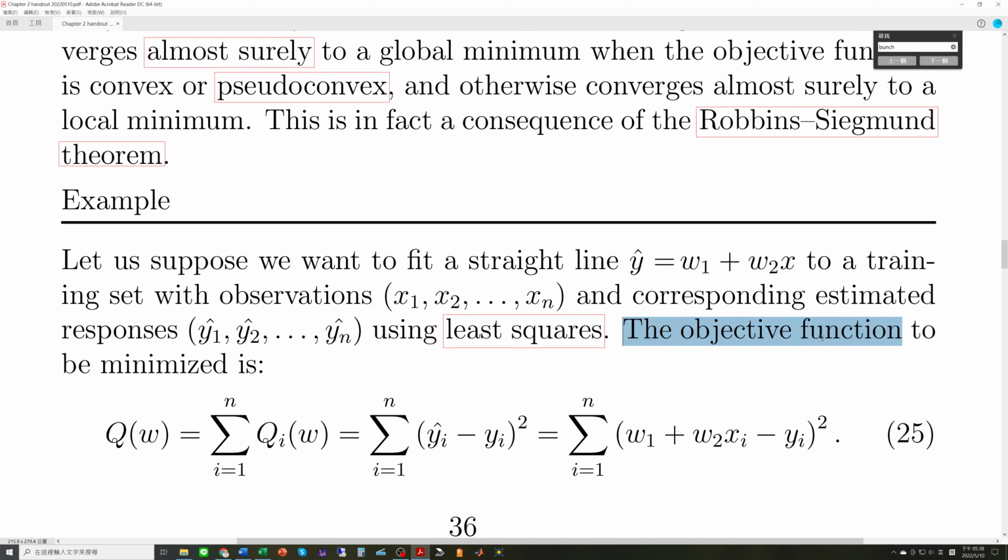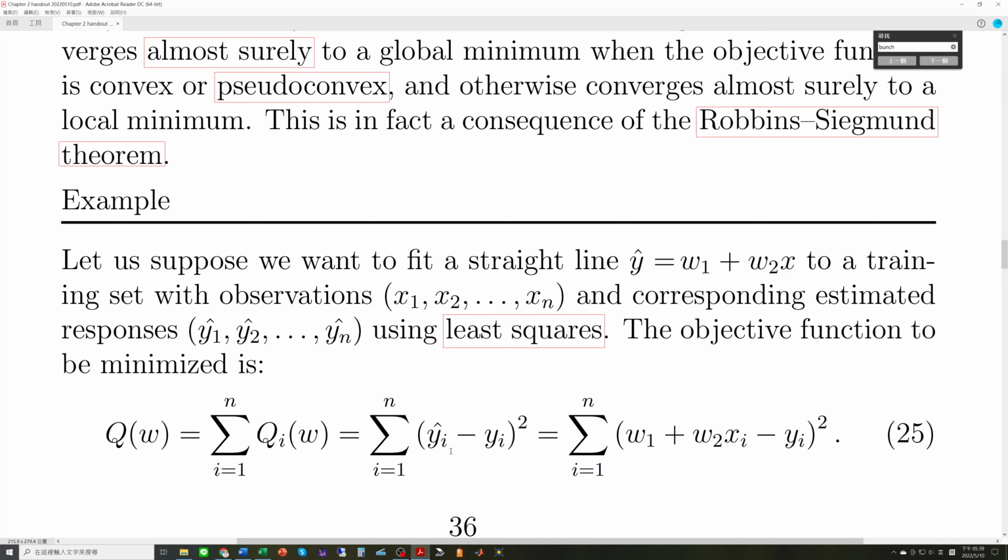Okay, the objective function to be minimized is Q of w is equal to the summation from i equal to 1 to n of Qi of w, which is equal to the summation from i equal to 1 to n of (yi hat minus yi) squared.